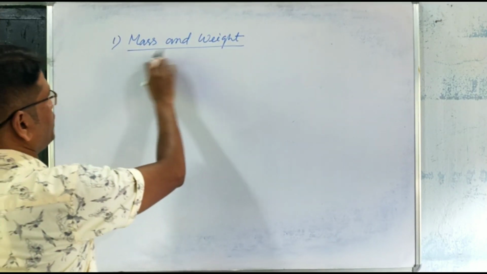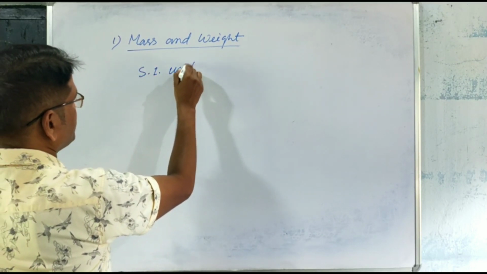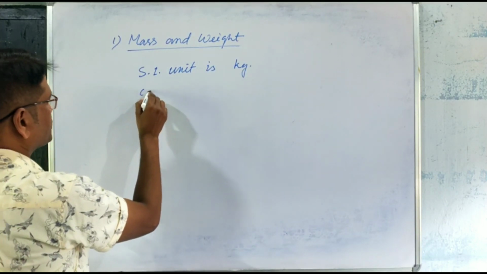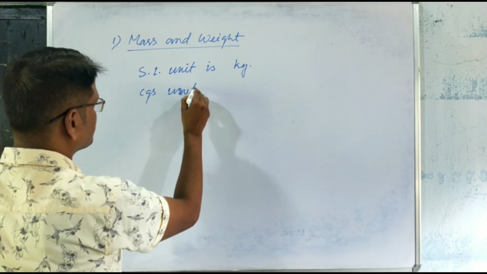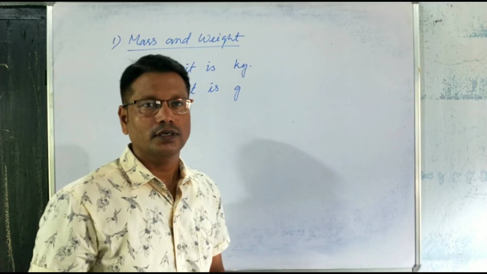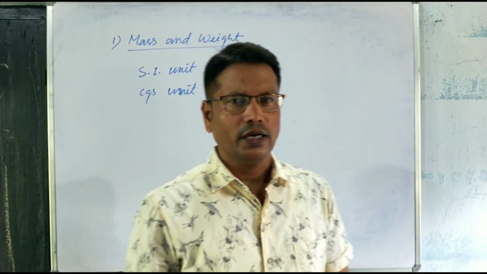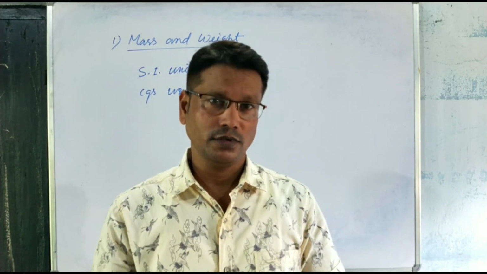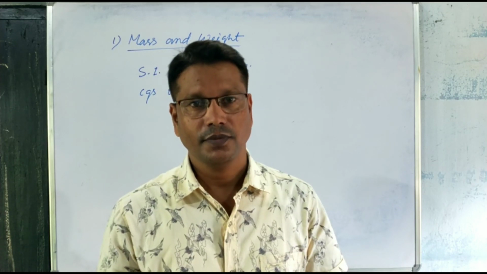So for the units of mass and weight, generally the SI unit is kilogram. The CGS unit is sometimes used; the CGS unit is gram. But sometimes we can use milligram also. Sometimes we use milligram. So what unit will be used depends on the value of the measurement of the physical quantity.